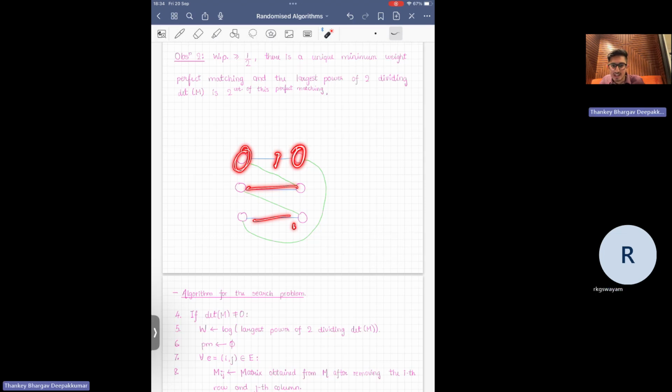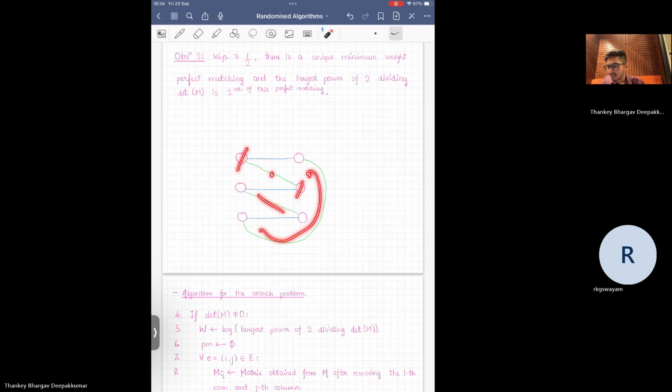The check would pass, and I would add this. Similarly, when I was focusing on this, I would remove these, there is a perfect matching in the graph, so with high probability the check would still pass, and I would end up adding this to the perfect matching as well, because my check passed. But they should not both be added.